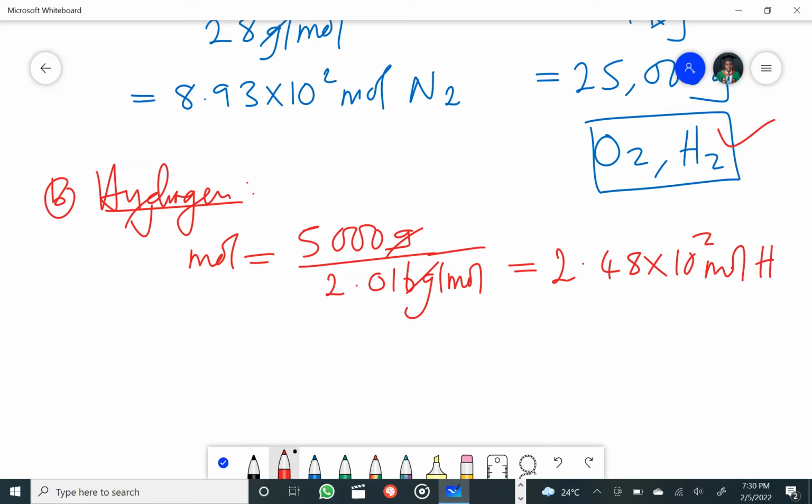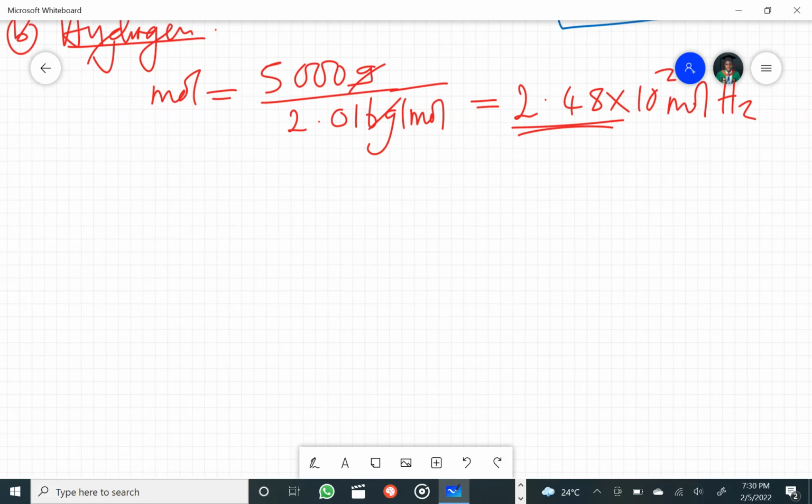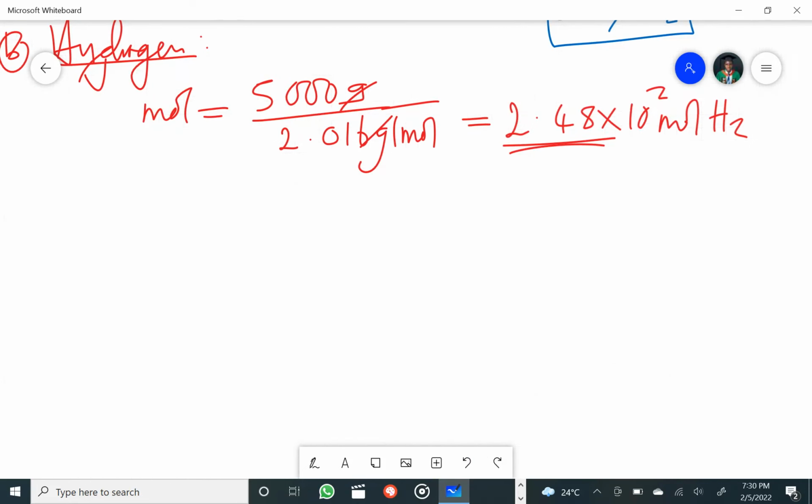So moles of hydrogen, 248 moles. Here it was 893. Now, since we have these numbers, we can do what I said earlier. We're first going to start with the mole ratio. What's the mole ratio?